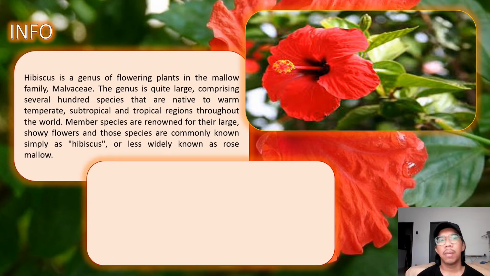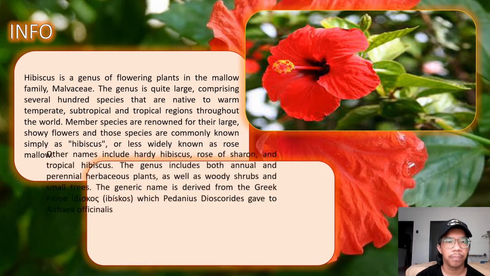Before that, I want to give some info about my hibiscus. Hibiscus is a genus of flowering plants in the mallow family, Malvaceae. The genus is quite large, comprising several hundred species that are native to warm temperate, subtropical and tropical regions throughout the world. Member species are renowned for their large, showy flowers, and thus are commonly known simply as hibiscus, or less widely as rose mallow.